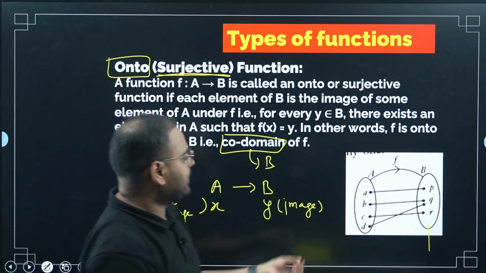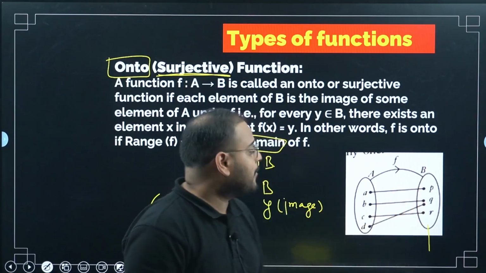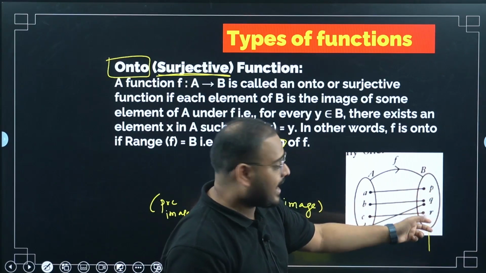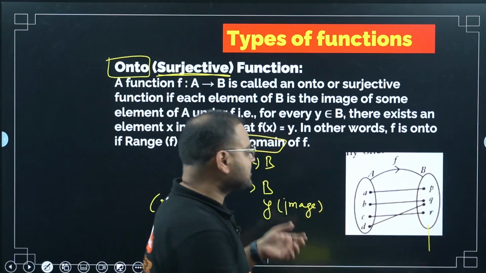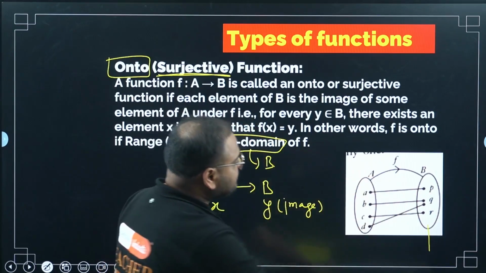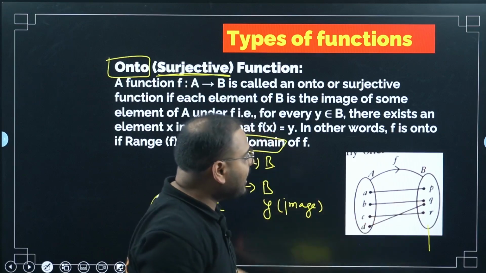Clear? Now, it doesn't matter whether it has a common image or not, but make sure that every element in B has some pre-image, meaning some element is connected in the domain part. So check for P something is there, for Q something is there, for R something is there.